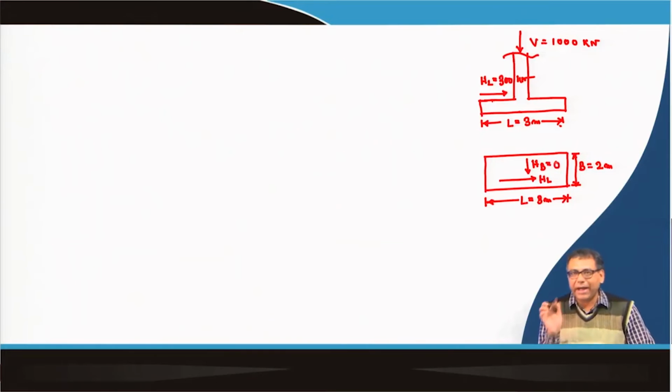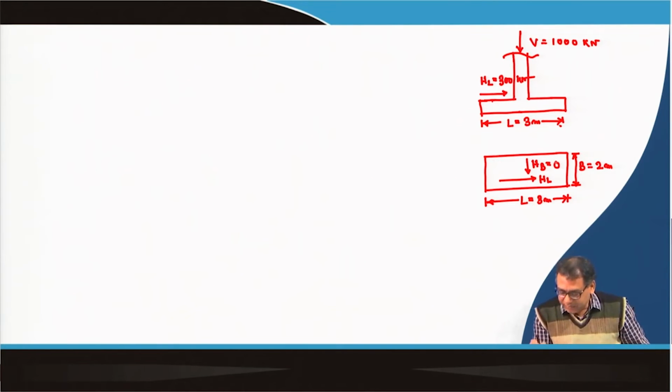That means no component of load parallel to B is acting. But it does not matter, as HL is not equal to 0, then you have to go for 2 sets of equations as per Hansen, because we are using Hansen's bearing capacity equation. In such cases, as I mentioned, HB may be 0, may not be 0. In this case HB is 0, but there is a case where both HL and HB are present.